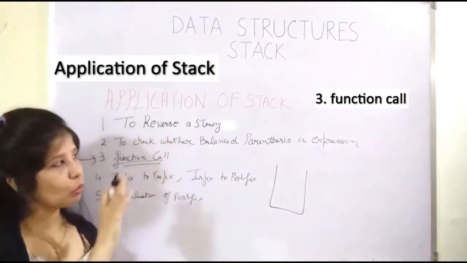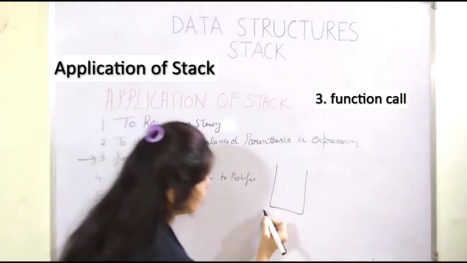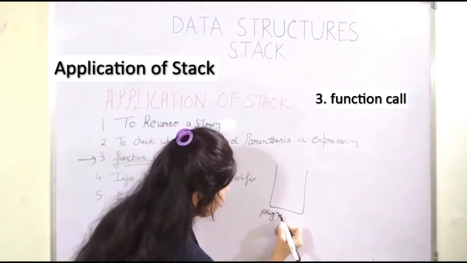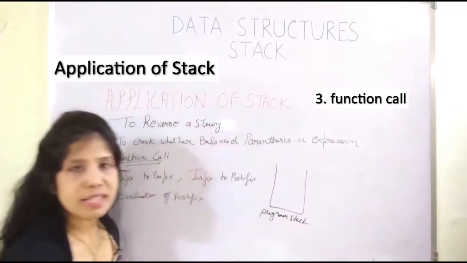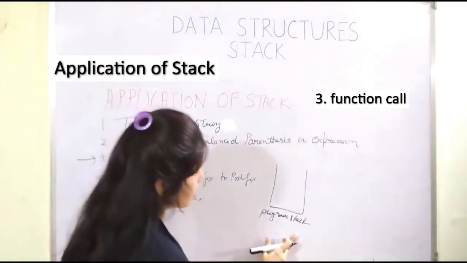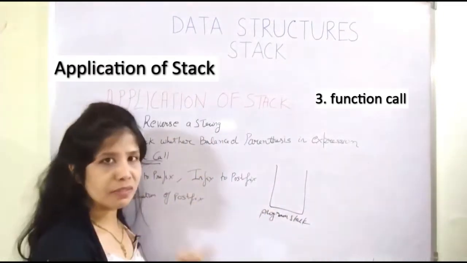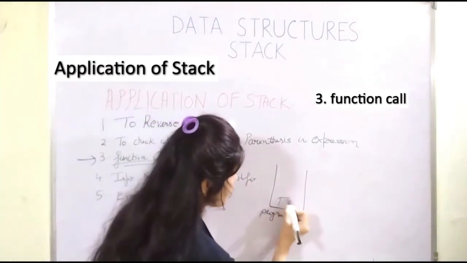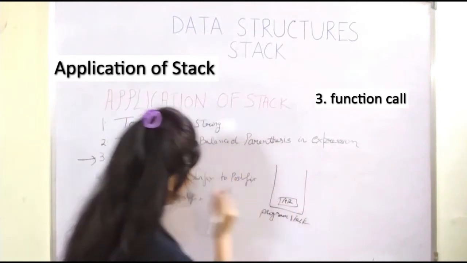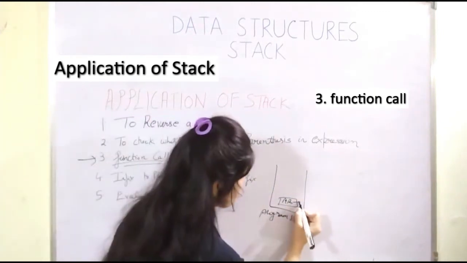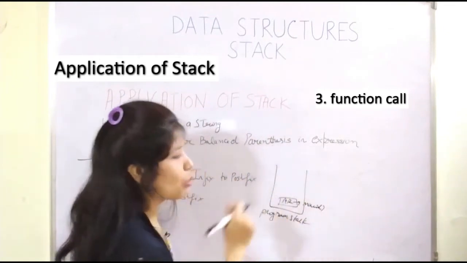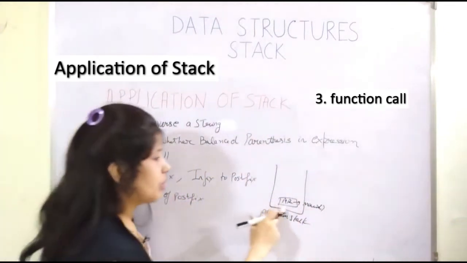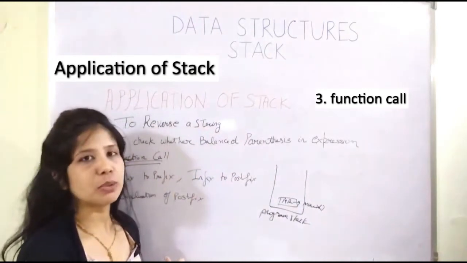As I told you, when your program is executed, the program stack will be created. This is your stack, which is also called a runtime stack. And in this stack, in that program, there is a function call. So the activation record. Here you can see we have the main function. The activation record of the main function will be pushed onto the stack, which will have all the information related to that function call.